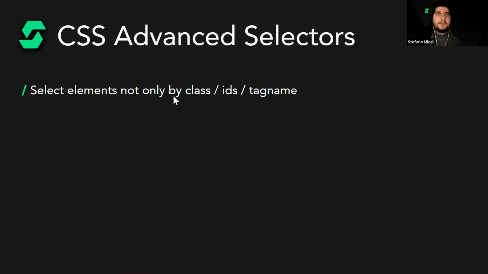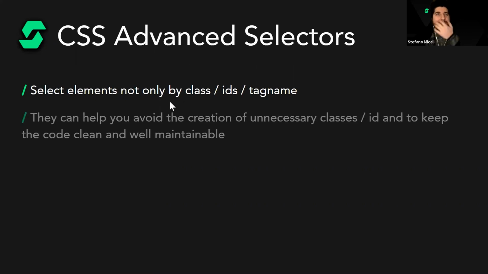So it may sound a little bit strange, but it's easier seen than said. It's easier if we see them, okay? They can help you to avoid the creation of unnecessary classes and IDs and to keep the code clean and well maintainable. That is just something that I previously mentioned to you. If you need to overwrite something, it's better if at least the basic selectors were generic.